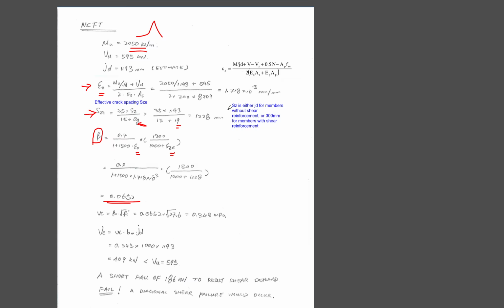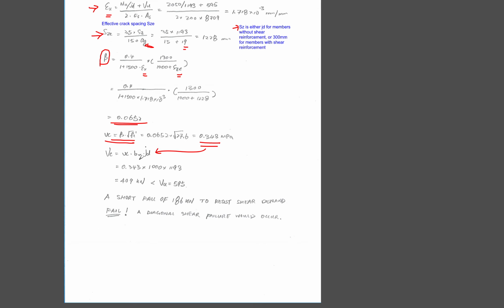I believe there's a note here saying that SZ is either JD for members without shear reinforcement or 300 for members with shear reinforcement. In this case we don't have any shear reinforcement, so I'm adopting SZ to be 1193, deducting the 50 mil cover. Following the equations here, we get our vc to be 0.343.